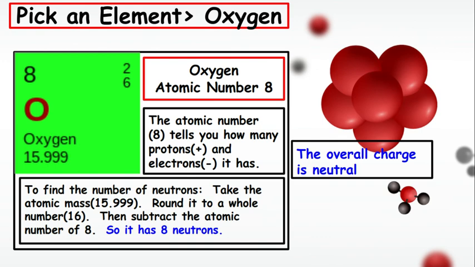Atomic number 8, symbol O. Oxygen has 8 protons and electrons. And take a minute, stop the video, and see if you can figure out how many neutrons it has. As you can see, it's got 16 minus 8, or 8 neutrons.